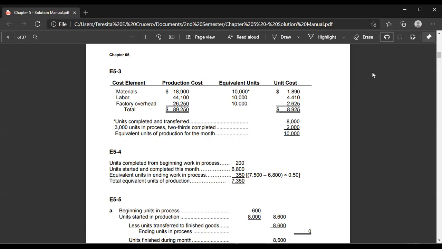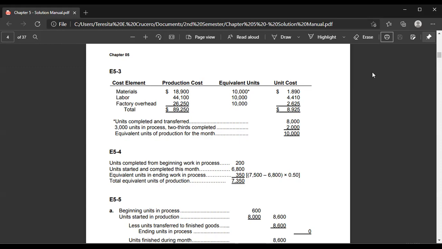Just started is 7,500. So the total number of units to be accounted for is 7,700. The total number of units to be accounted for is the sum of the beginning inventory and the just started. So you get 7,700.